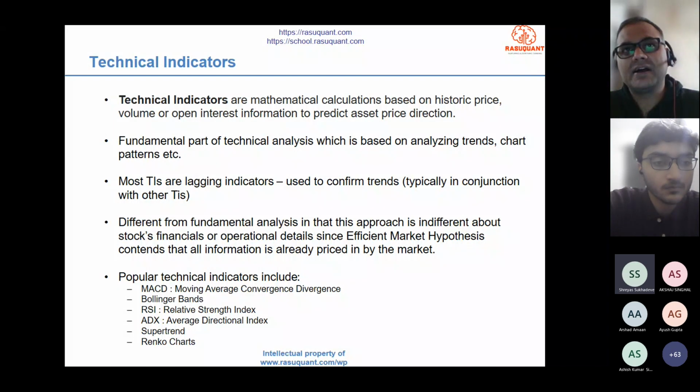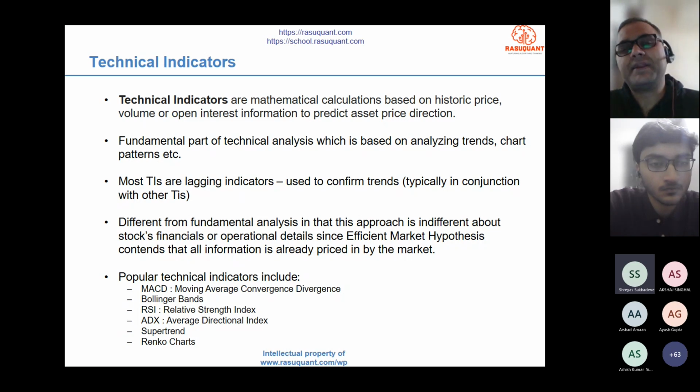I have covered certain fundamental strategies in my courses which can work, but typically in algorithmic and quantitative trading, there is limited use of fundamental data like the balance sheet, income statement and cash flow statement. What we use is the candlestick data, the open, high, low, close information for the stocks.